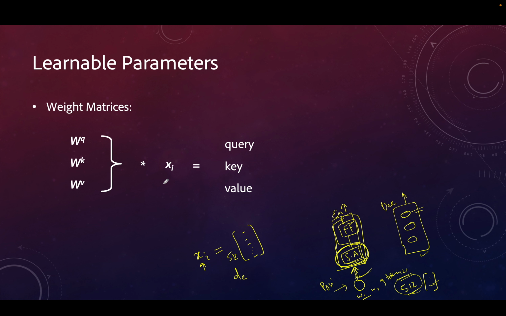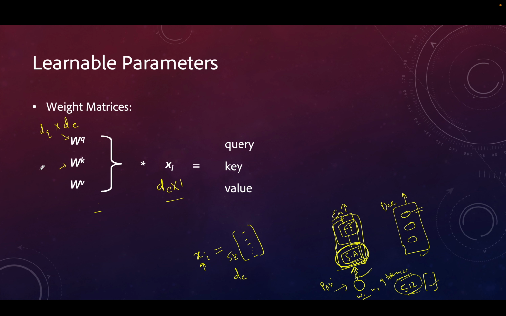So xi is de cross 1. The second dimension of these weight matrices should be DE. So the dimension of WQ will be DQ cross DE.